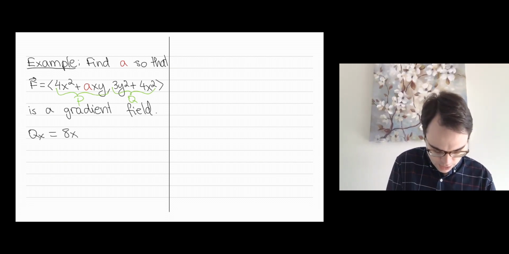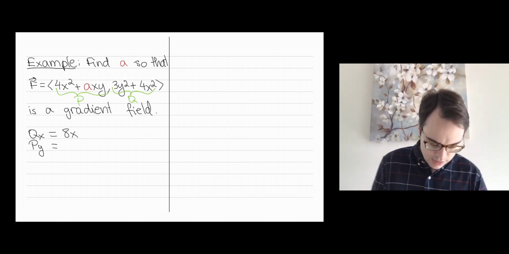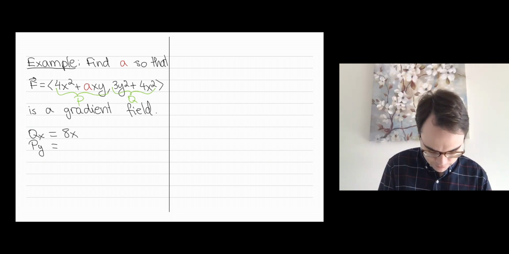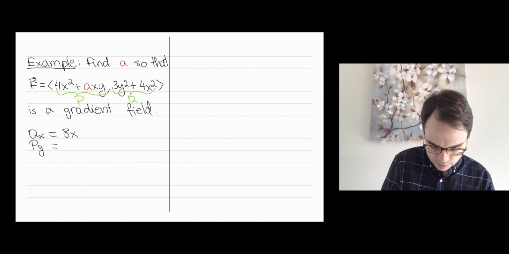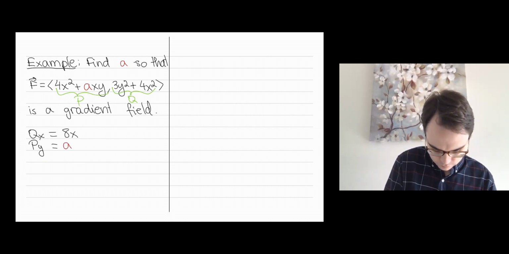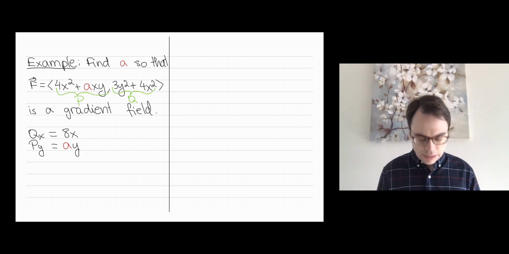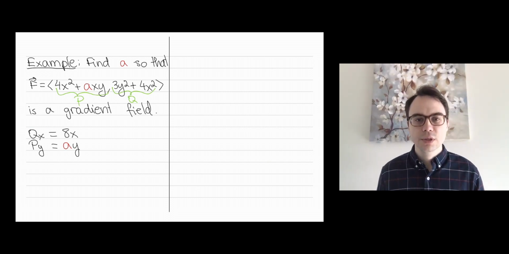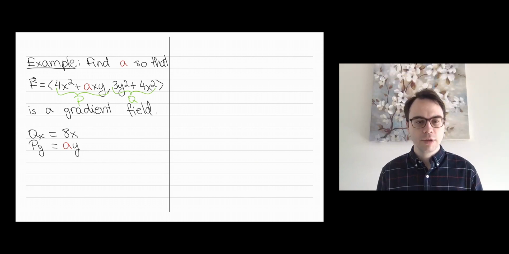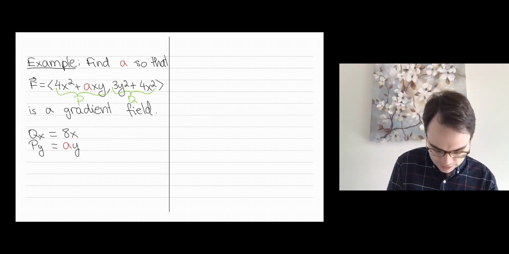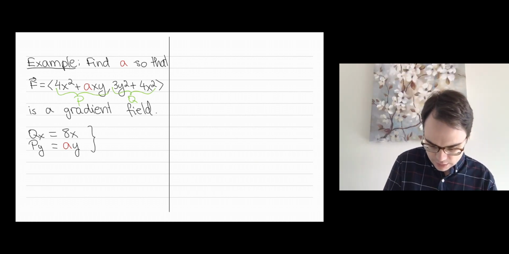Okay, and the y partial of p in this case is, let's see, it's a times x. So you see, for these two partial derivatives to be the same function of x and y, there's only one value of a that makes that happen, namely a must be 8.